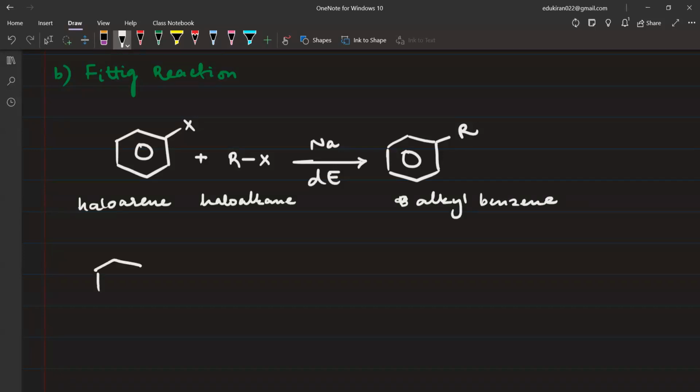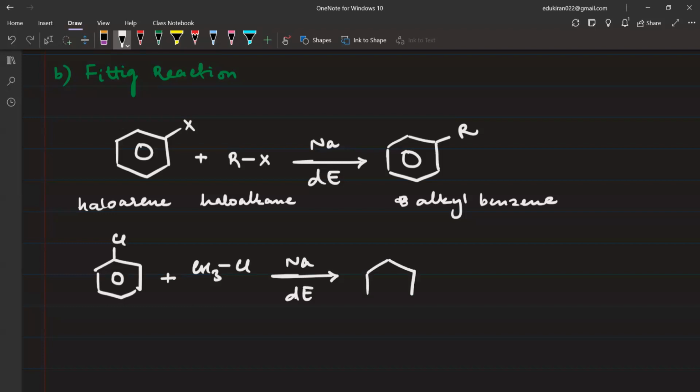For example, if you have chlorobenzene plus CH3Cl, sodium in the presence of dry ether, this benzene and CH3 will be attached like this.